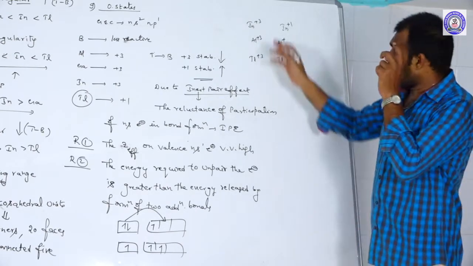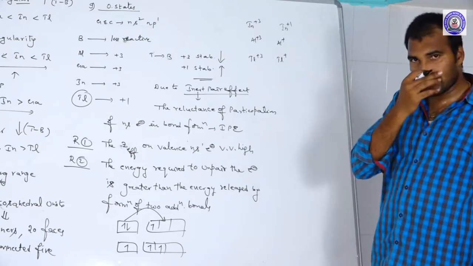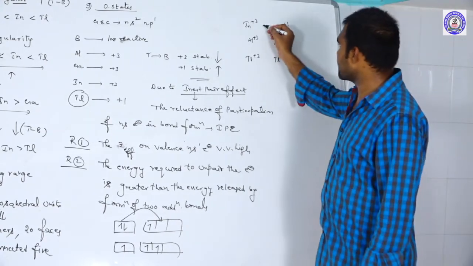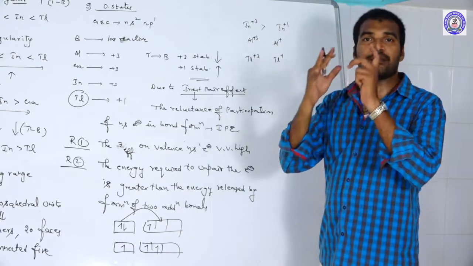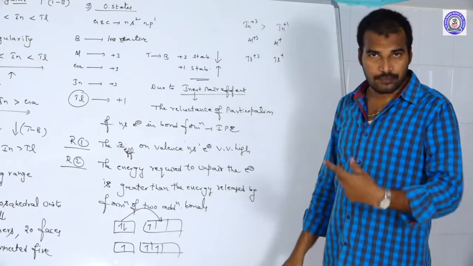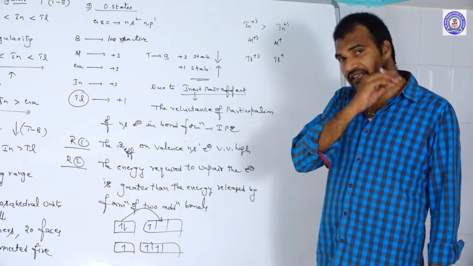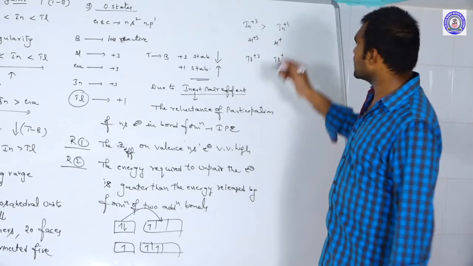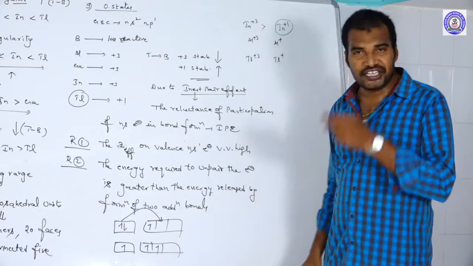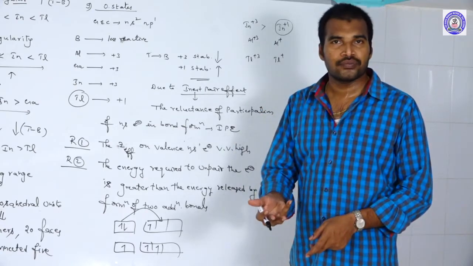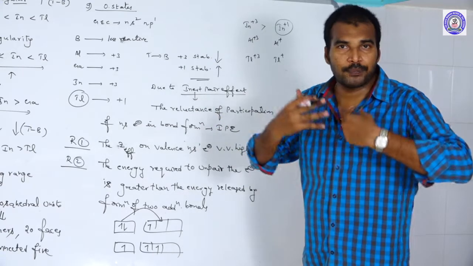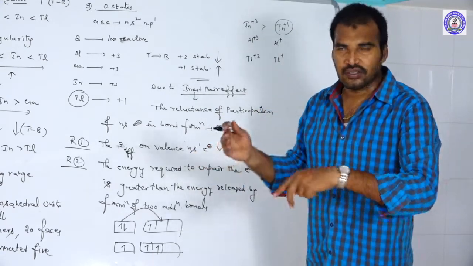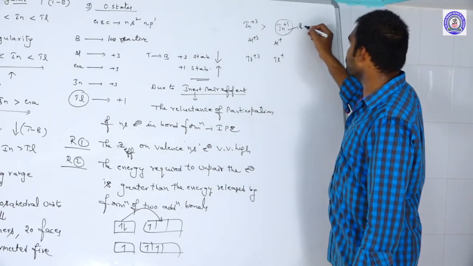Now tell me, if you take indium, what is the stable oxidation state? +3 is the stable oxidation state. That means indium +1 is not stable; the stable form of indium is the +3 form. That is why indium +1 happily releases two more electrons, means happily undergoes oxidation, and it acts as a reducing agent.